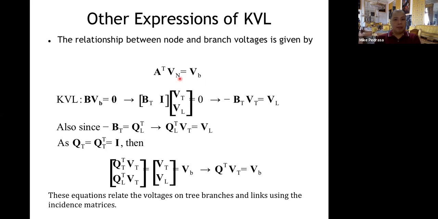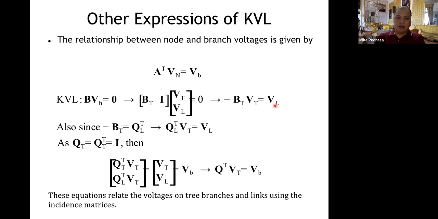Plug in from this equation here, we can derive that. So this is another relationship between the tree voltages and the link voltages. Ang sinasabi lang nito is that once you have the tree voltages, you can derive from them all the link voltages. I hope you, ang hirap nang i-imagine, ano, but it's something that you can figure out.